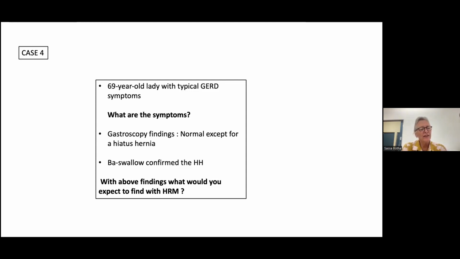It doesn't equalize it, but it is associated. There are 3 findings that you can see on high-resolution manometry in a typical GERD patient. Is there a dropout of pressure at some point above the upper esophageal sphincter?